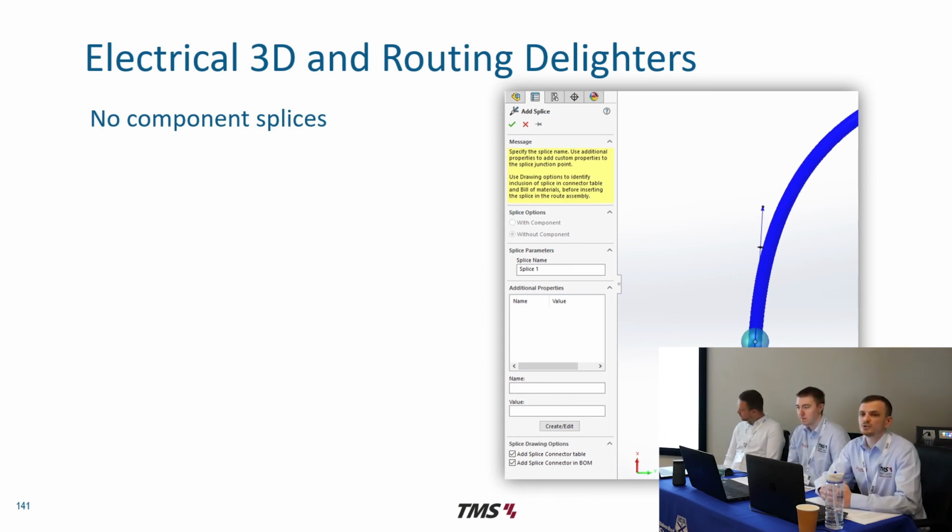So we can now do that with SOLIDWORKS 2020 by simply selecting the No Component Splice option. All we need to do is select the point that we want to apply it, and then select that without component. And it'll simply be represented in our graphics area by that little sphere that you see in there, not physically adding any component at all.